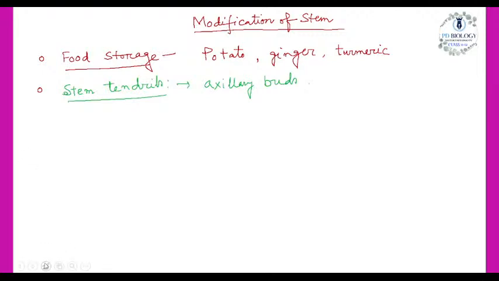Next, thorns. Thorns are woody, straight and pointed structures, and they are also originated from axillary parts.